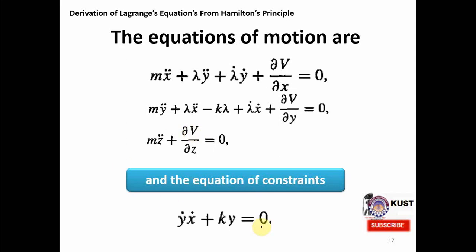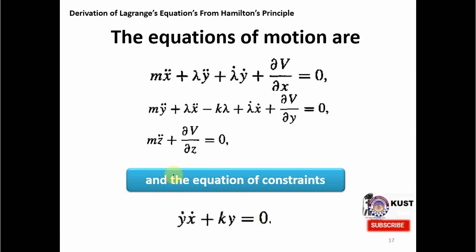So as you have seen, we have used the variational principle, and there we made the variations not only with respect to the generalized coordinates, which are x, y, and z in this case, but also with respect to lambda, and we got these three equations of motion and one equation of constraint.